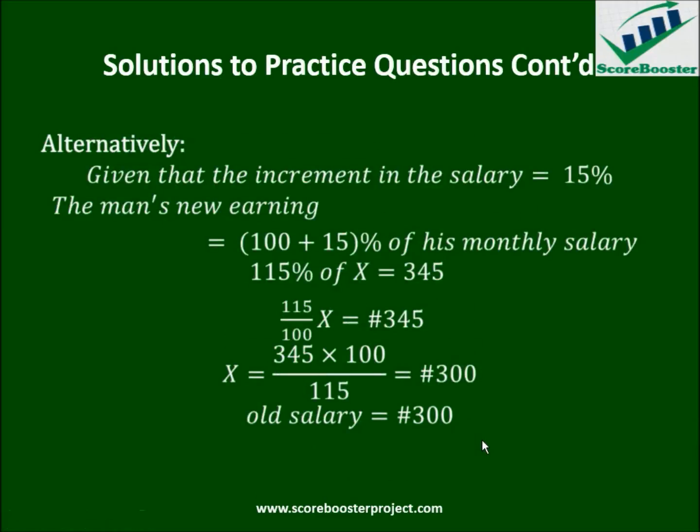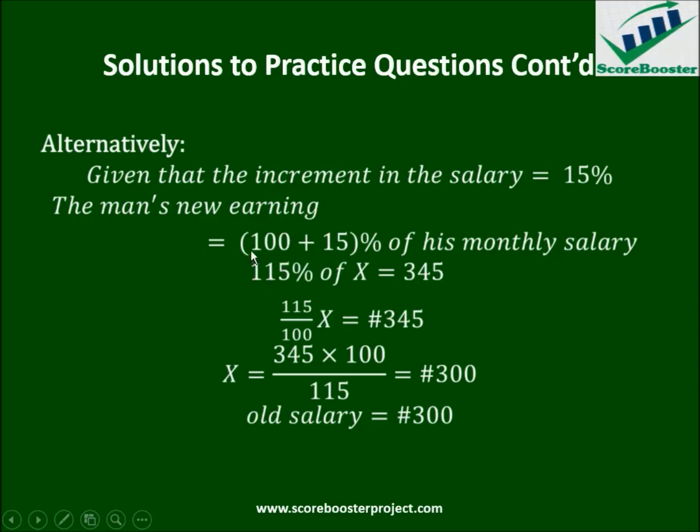So alternatively, using a general understanding of the concept of percentages, given that the increment in salary is 15%, the man's new earning is 100 plus 15%. If you could recall from the first video on percentages, when a quantity has been increased by a particular percentage, then the quantity will have a value which is more than 100% of its original value.